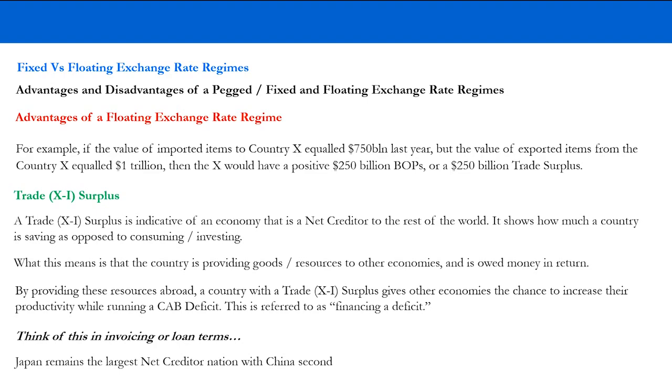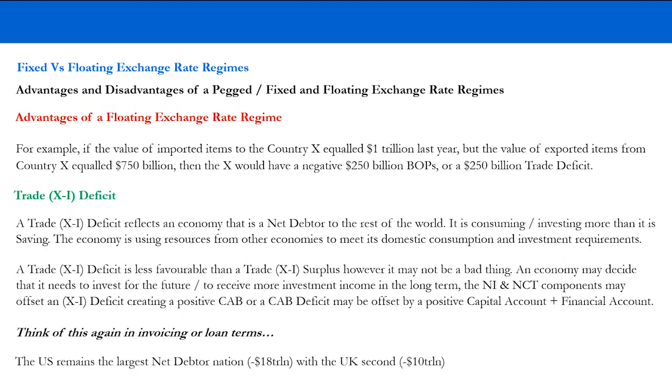We're basically, as a country running a trade surplus, sending invoices to countries that are running deficits and sending resources in return for money. So start thinking of this in invoicing or loaning terms. In modern macroeconomics, Japan remains the largest net creditor nation in the world, and China comes a close second.